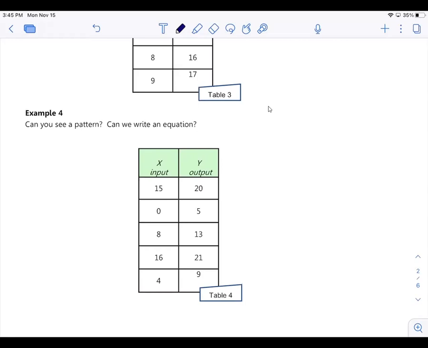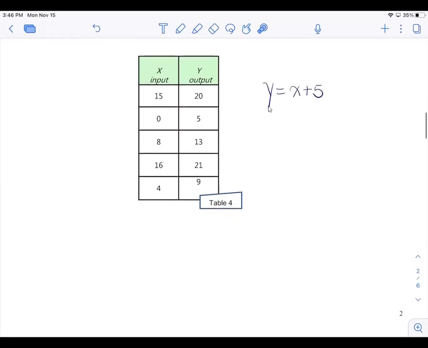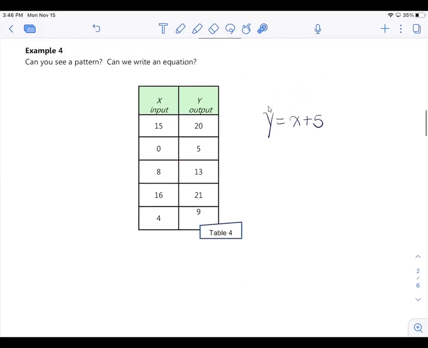Did anyone come up with it? Y equals x plus 5. Nice, B. And again, you can check this because 15 plus 5 is 20, 0 plus 5, yep, 8 plus 5, 16 plus 5, 4 plus 5. Any questions so far?